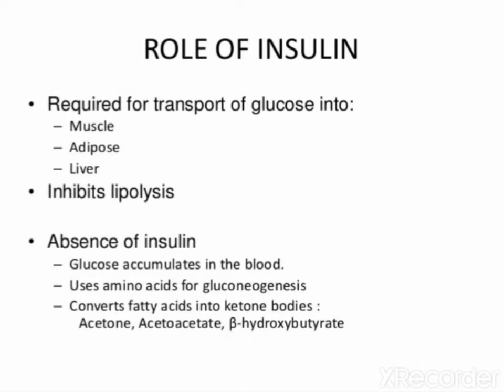This increased glucose accumulation uses amino acids for gluconeogenesis. This ultimately leads to conversion of fatty acids into ketone bodies. There are three basic ketone bodies in our body: acetone, acetoacetate, and beta hydroxybutyrate.